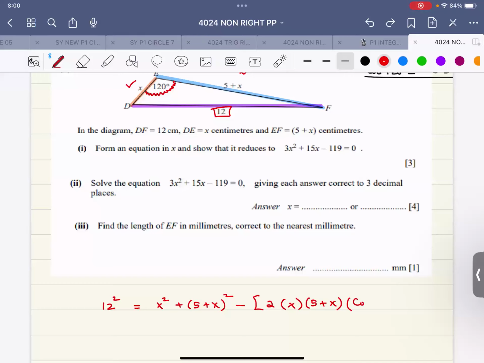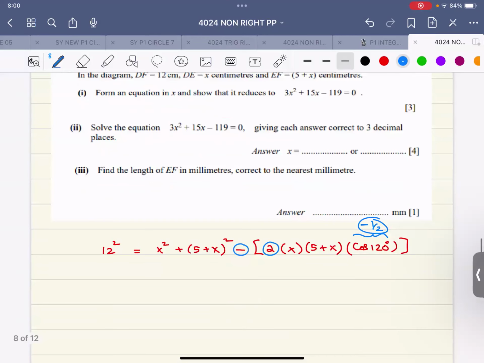Actually, this is cos of 120 degrees. Now, cosine of 120 degrees is negative half. This negative half, this negative, this 2, this will multiply. So that will make it positive 1. So this is x squared. This is 25 plus 10x plus x squared. And then this negative has become a positive. This is x into 5 plus x. That is 5x plus x squared.